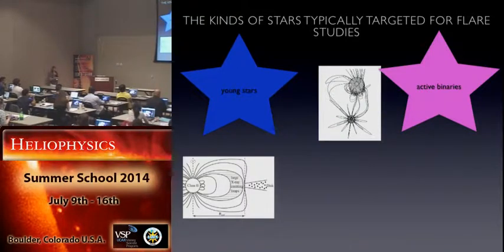These stars also show enhanced levels of flaring. They show extreme flares, as I showed you in the table earlier. So these flares can be up to 10 to the 36 or 10 to the 37 ergs, 10,000 to 100,000 times more energetic than the largest solar flare.